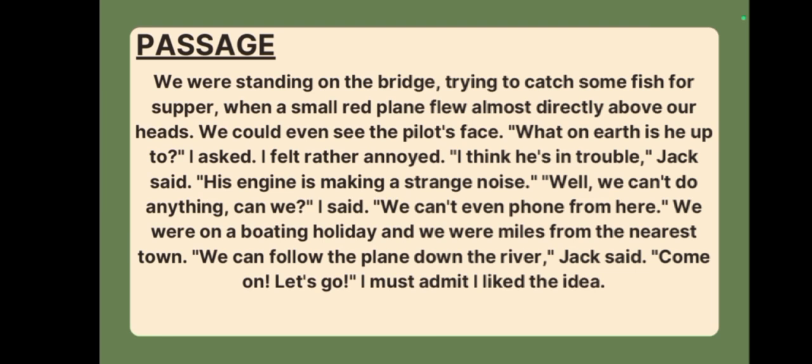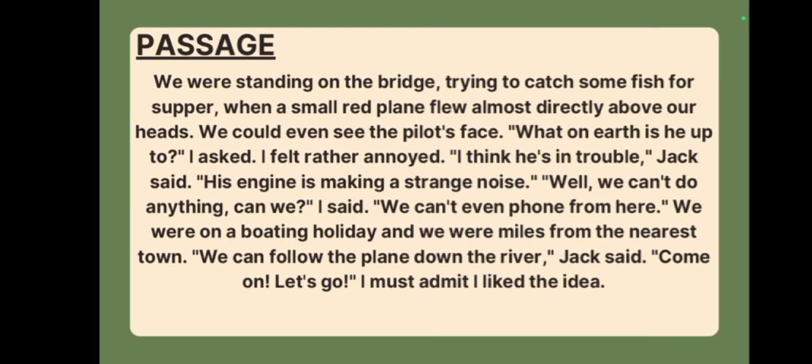We were standing on the bridge trying to catch some fish for supper when a small red plane flew almost directly above our heads. We could even see the pilot's face. "What on earth is he up to?" I asked. I felt rather annoyed. "I think he's in trouble," Jack said.